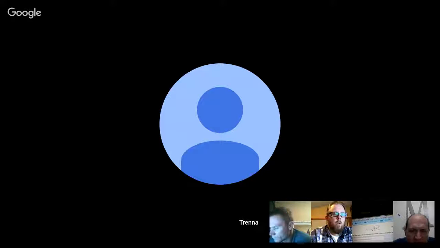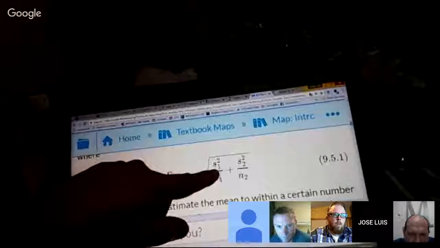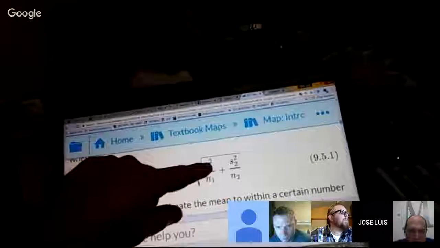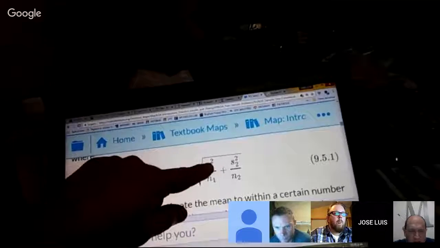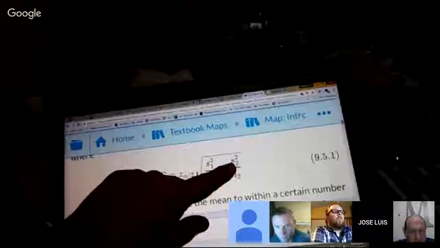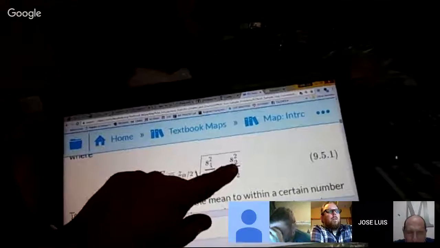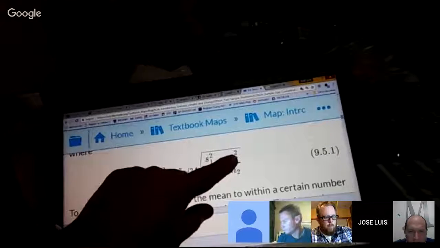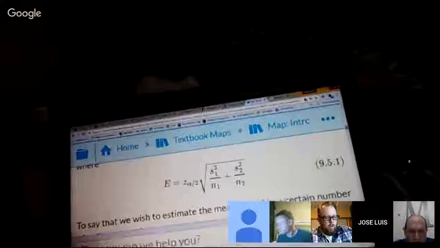What's the 21 and 22? No, it's not 21. It's the standard deviation, but this is an exponent too. Well, it's a standard deviation for the sample, for the second sample. Oh, okay, first sample.